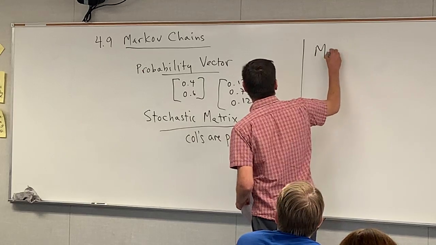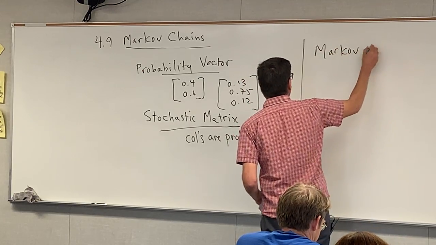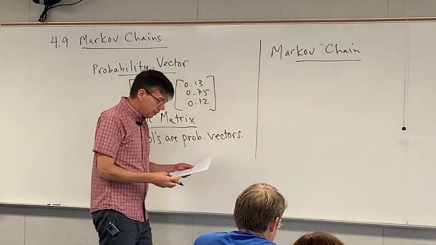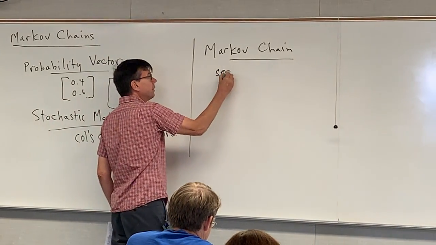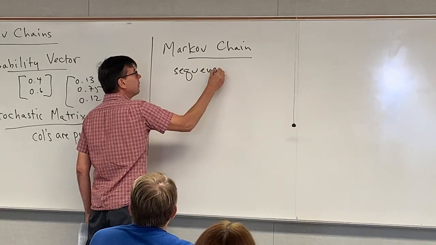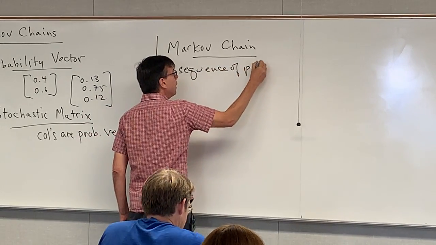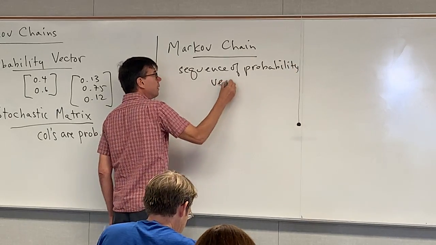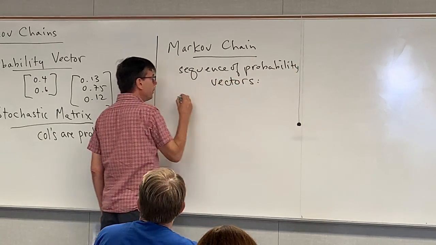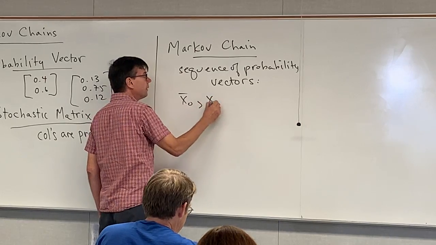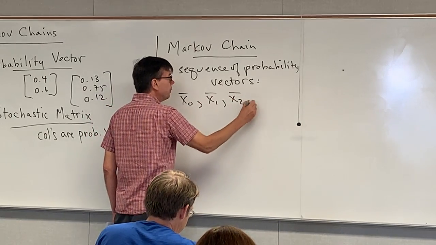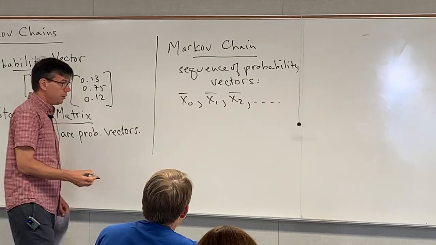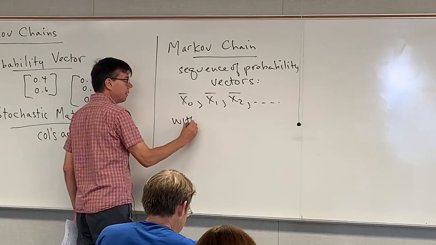And on the handout, we also define a Markov chain, which is a sequence of probability vectors. We'll denote it x0, x1, x2, and so on and so forth, along with a stochastic matrix.